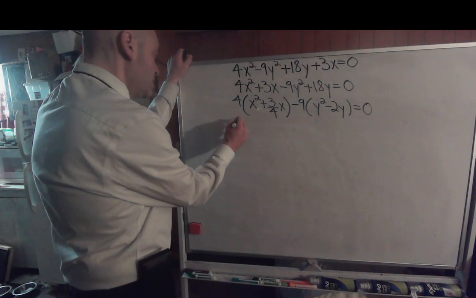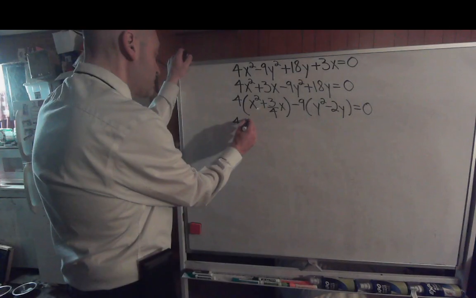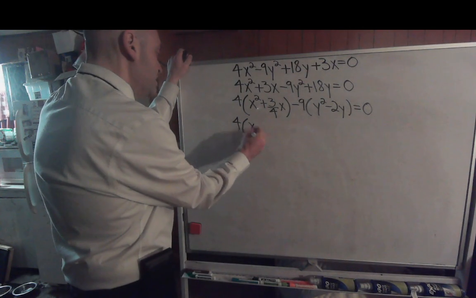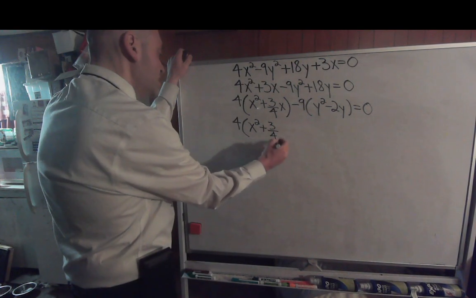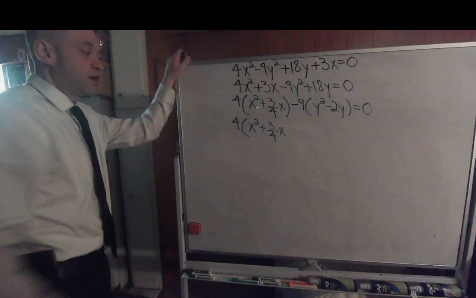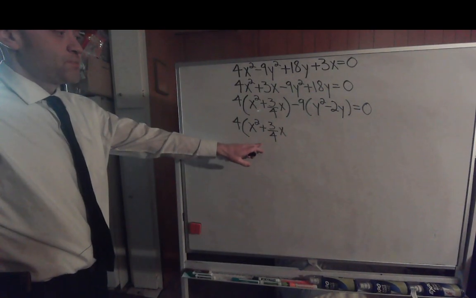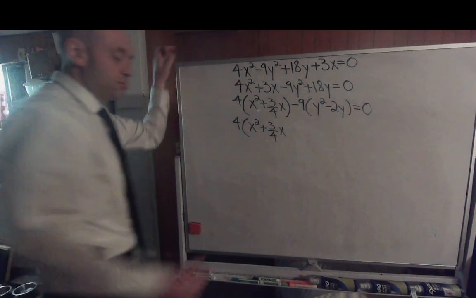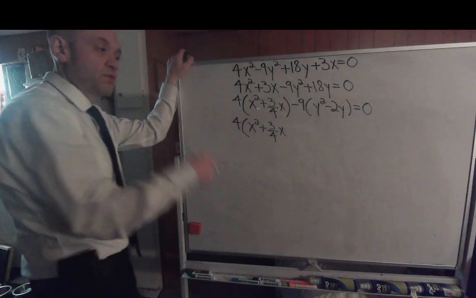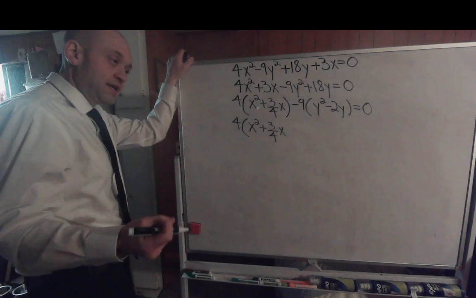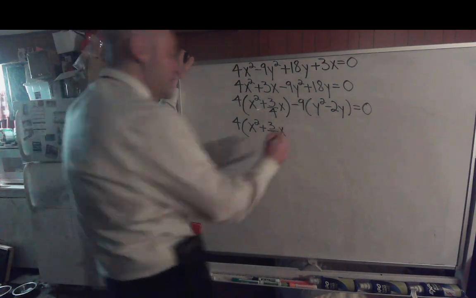So we'll take 4 times the quantity of x squared plus 3/4 x. If we complete the square on this, that's going to end up being 9/64, because half of 3/4 is 3/8. If you square that, you get 9/64.